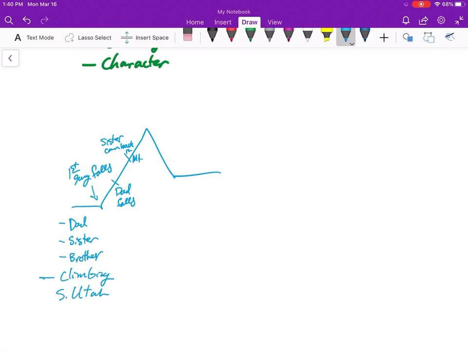Now, when you think about the climax, where the most exciting thing is happening, it's not necessarily the most exciting, but where the major choice is made. Dad is yelling at Peter, the brother, to cut the rope. And if you remember, Peter listens to his dad. Peter cuts the rope. That's a major choice. Okay.